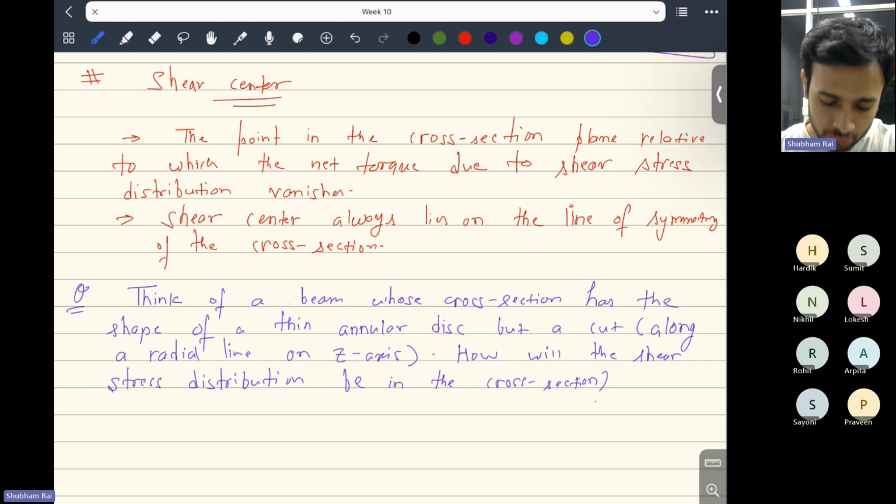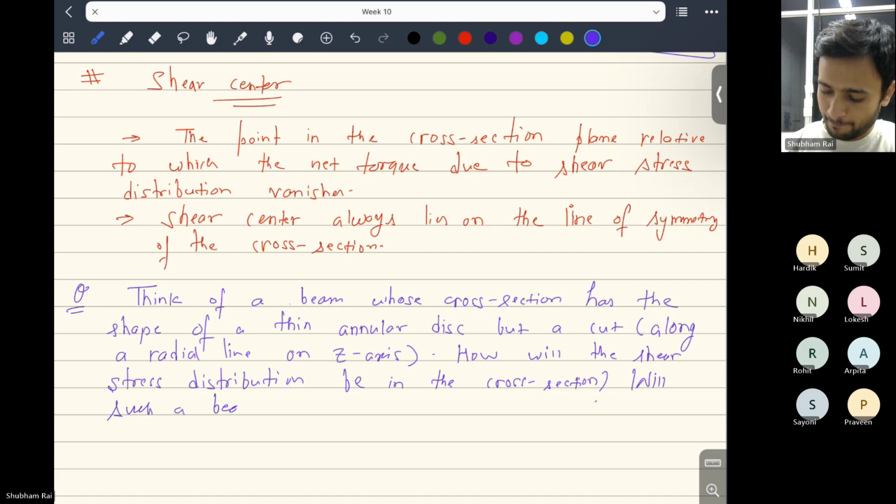That's the one point that you have to tell. Also you have to tell, will such a beam undergo just bending, or can it also twist?